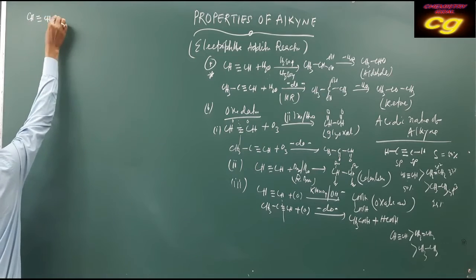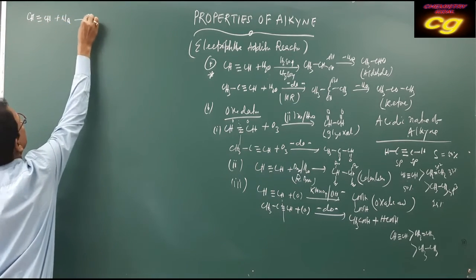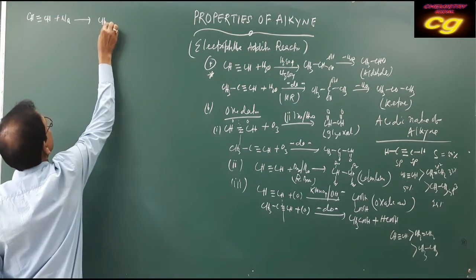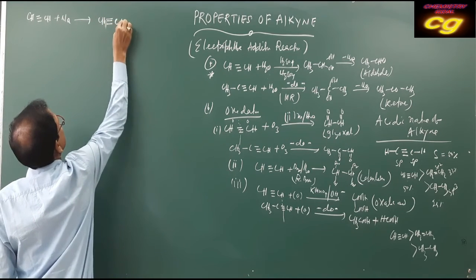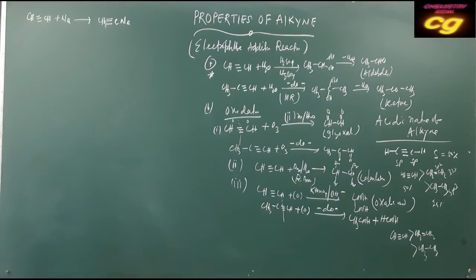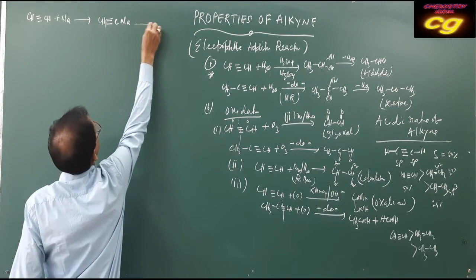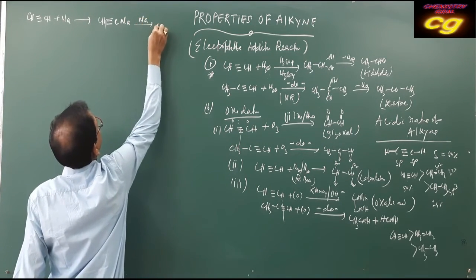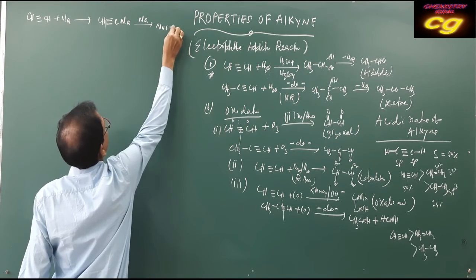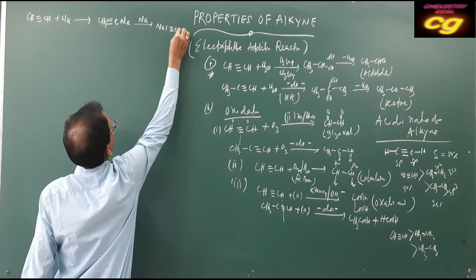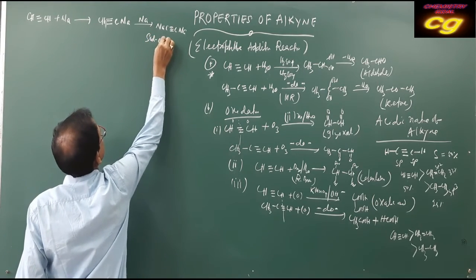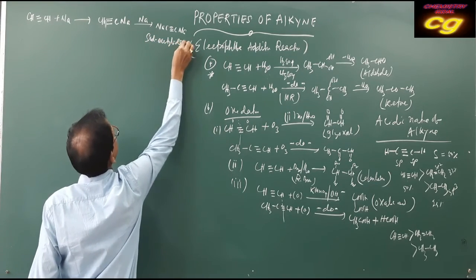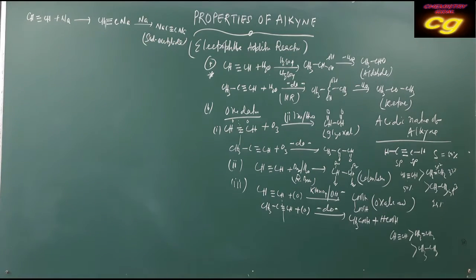Acetylene having acidic hydrogen reacts with sodium metal to produce a salt. The salt is CH triple bond CNa, monosodium acetylide, and it can be converted to disodium again, NaC triple bond CNa, that is called sodium acetylide. The acetylide sodium salt will be formed.